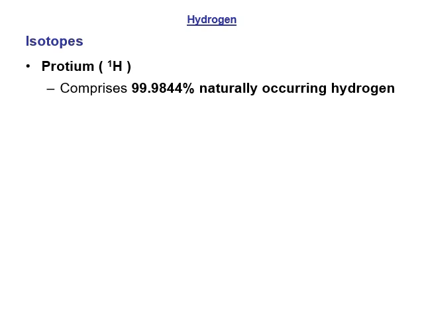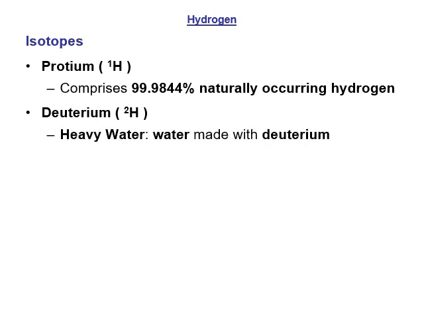If you add a neutron to the nucleus, then you'd get deuterium. Deuterium is a single proton and a neutron. It is a naturally occurring isotope, but it's less than 0.15%, so it doesn't happen very often. But deuterium is used to make heavy water. Heavy water can then be used to make tritium.